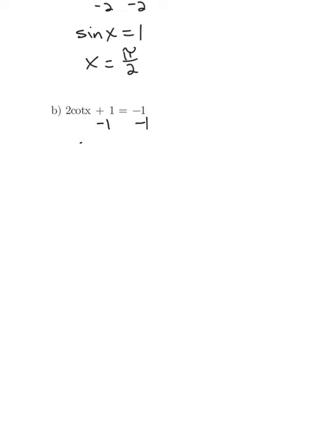And now we have 2 times cotangent of x equals negative 2. You need cotangent of x to be all by itself. It can't be times anything or have anything added to it. So we are going to divide both sides by 2. Now we have cotangent of x equals negative 1.